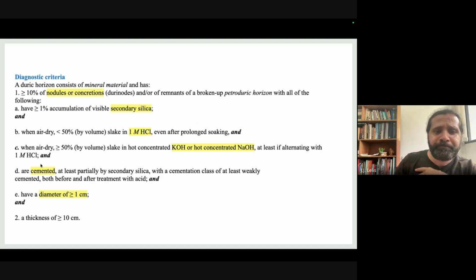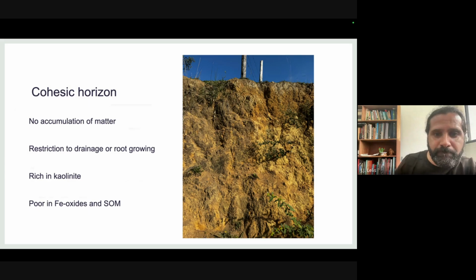The material should be hardly cemented, with nodules and concretions of at least 1 centimeter in diameter, and a thickness now of 10 centimeters. So the thickness is 10 times higher than the petroduric.